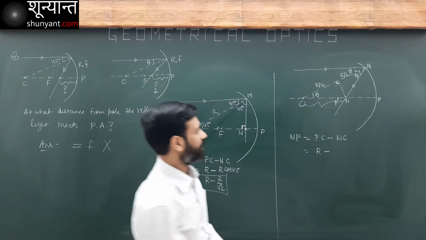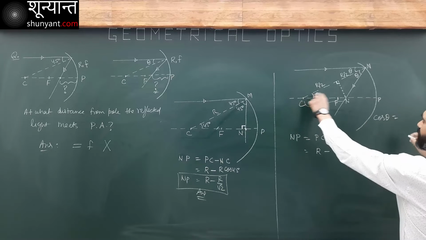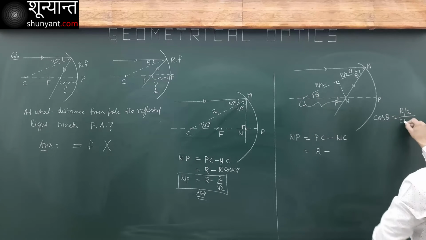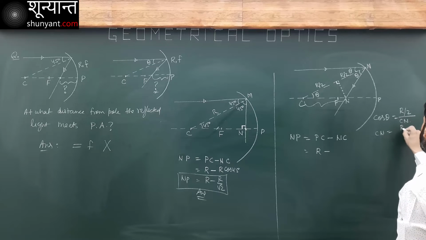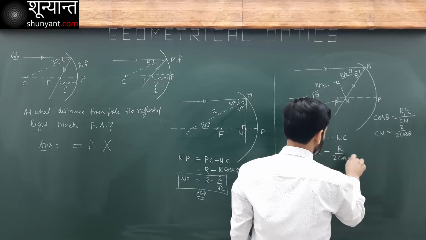I will write cos theta is equal to R over 2 over CN. So CN is going to be equal to R over 2 cos theta.